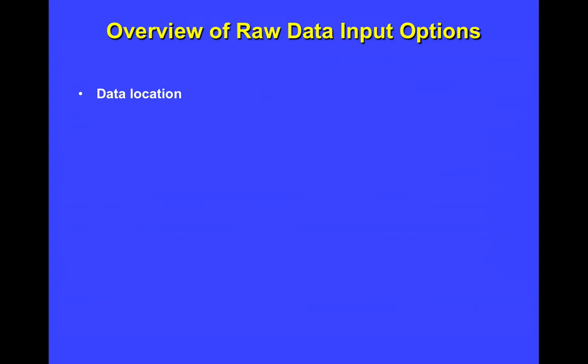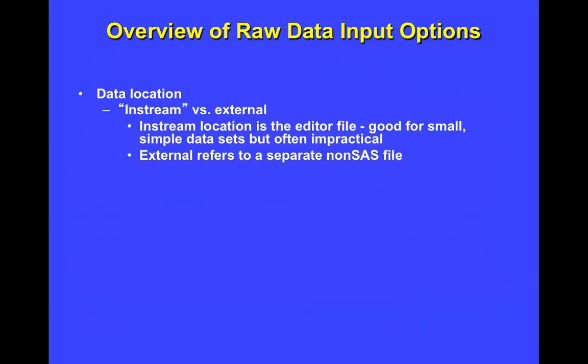So when you're thinking about reading in or importing raw data into a SAS data set, there are a few things that you should be considering. First of all, the data location. When you're doing this in SAS, the data can be located either in-stream or they can be external. In-stream simply refers to data that you would actually enter in the editor file itself.